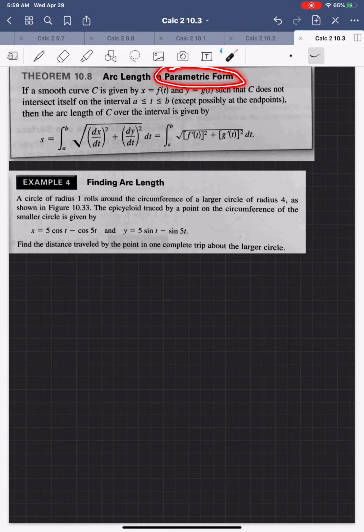Clearly, knowing the arc length would be important, would be useful. So we want an arc length formula for parametric equations, so that you don't have to go from parametric back to rectangular to use the old arc length formula. You want a new arc length formula so that you can find the arc length the way it sits. And this is it.